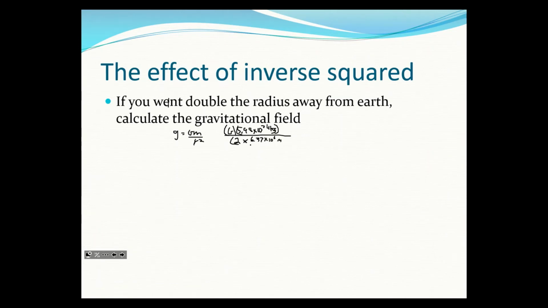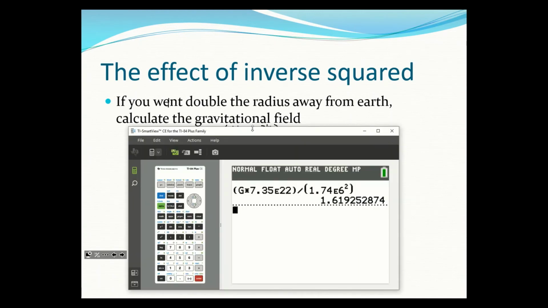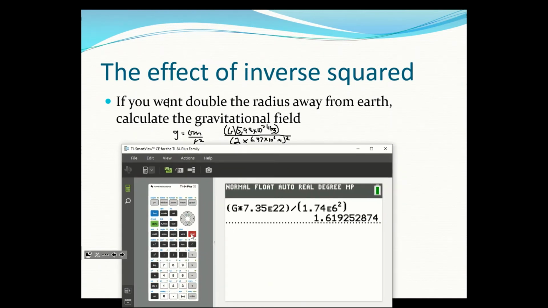We want to make sure our squared is outside of our bracket this time. So let's plug that in. So go alpha G times 5.98 times 10 to the 24, and we'll divide it by 2 times the radius, 6.37 times 10 to the 6.